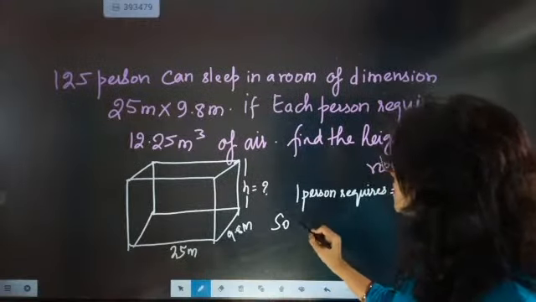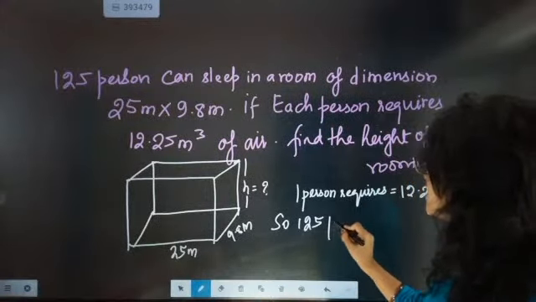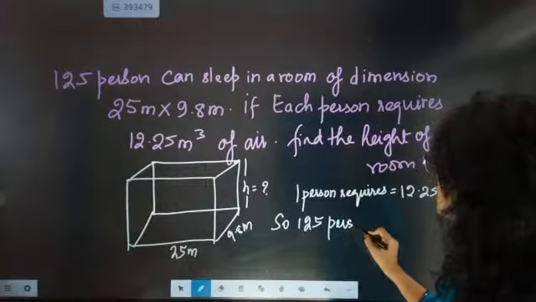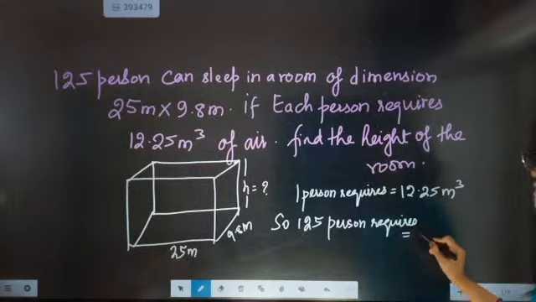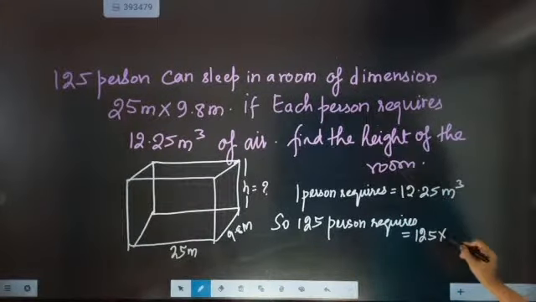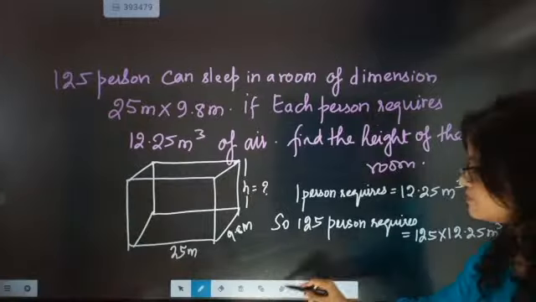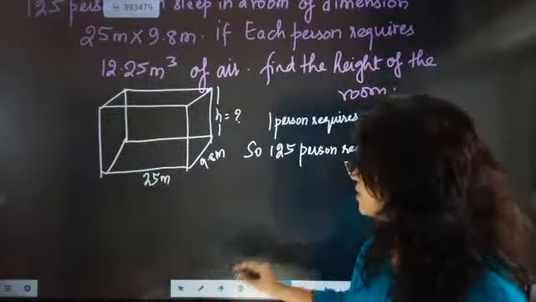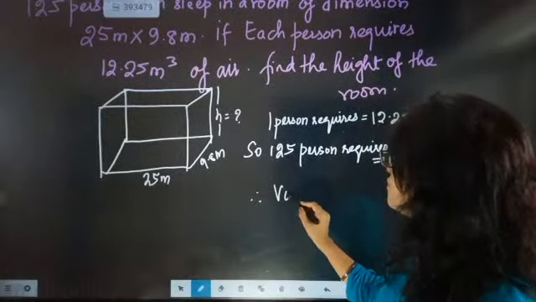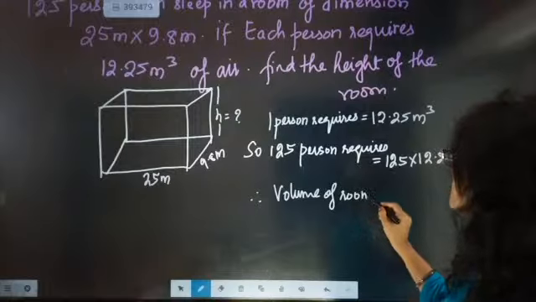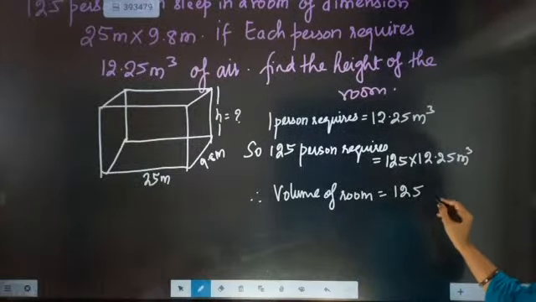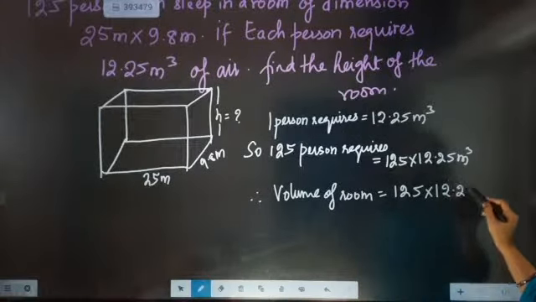So 125 persons require 125 into this much volume. Therefore, volume of room is 125 into 12.25.